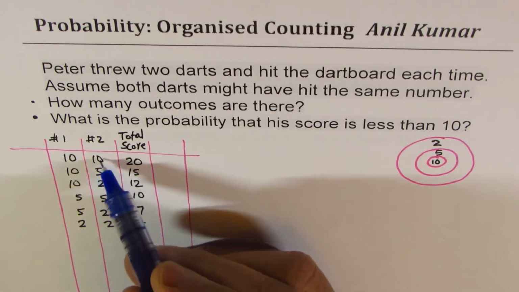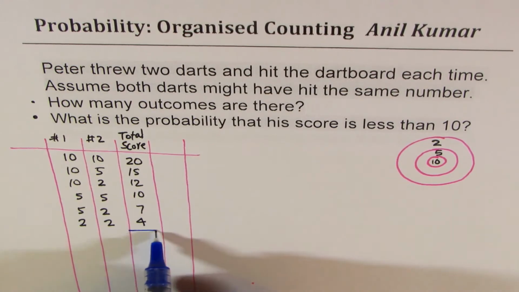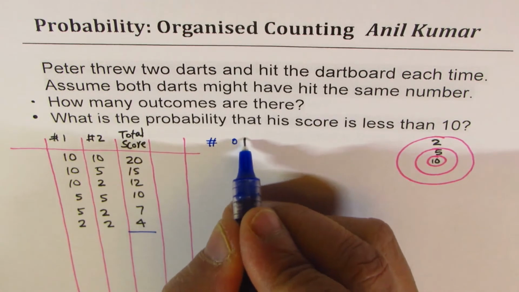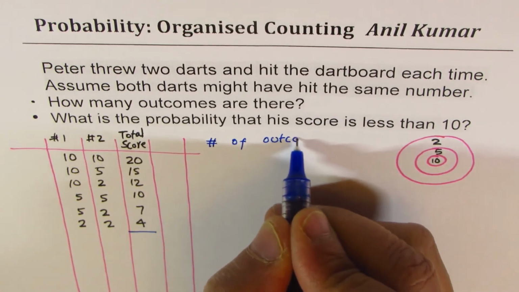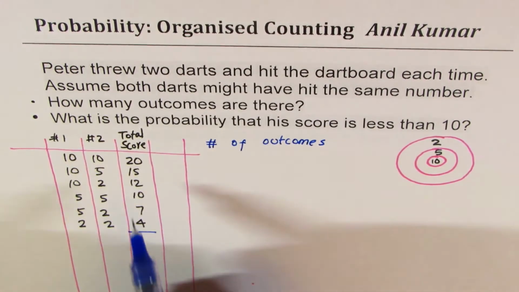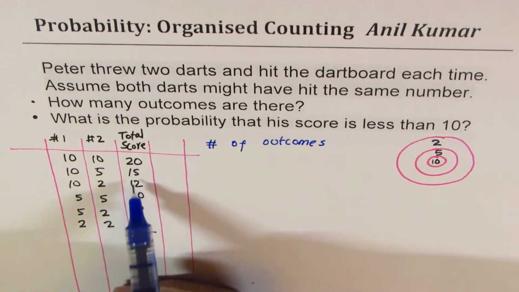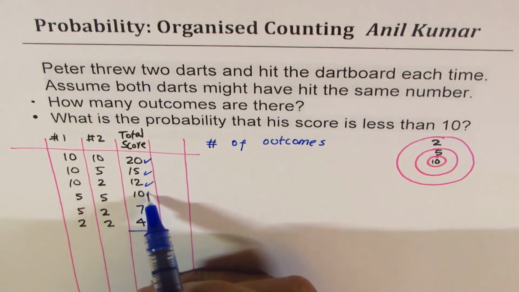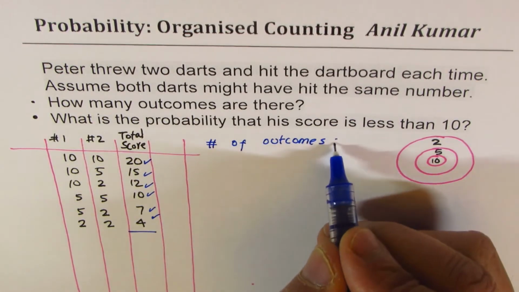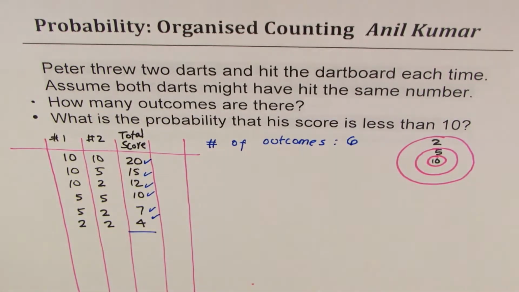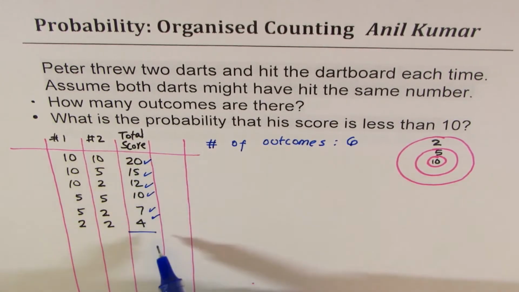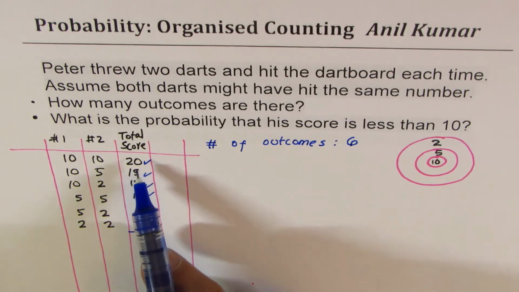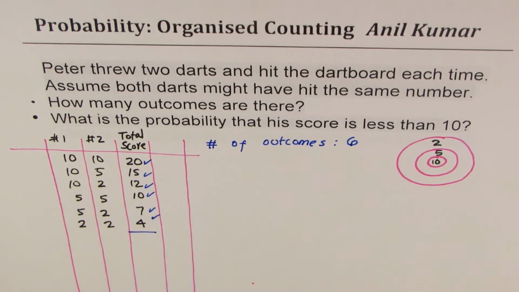That means different scores. So let's write down the number of outcomes. One outcome is a score of 20, the other outcome a score of 15, likewise. So we have 1, 2, 3, 4, 5, 6. So we have 6 outcomes. Do you see that? Number of outcomes are 6. A score which could be 4, 7, 10, 12, 15, or 20. So these are the outcomes.